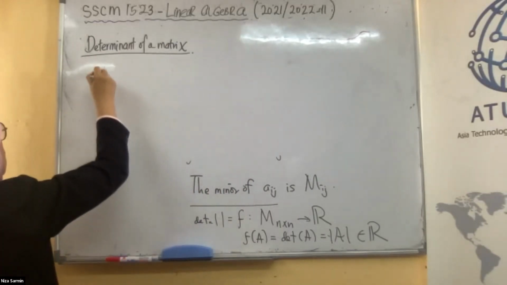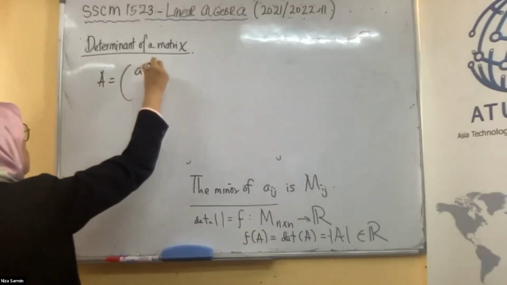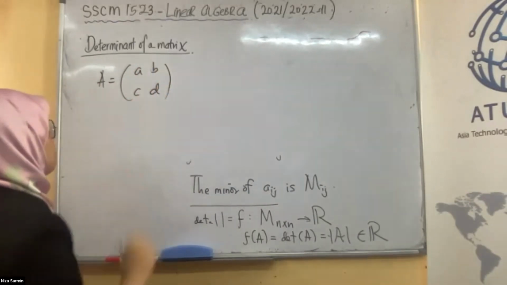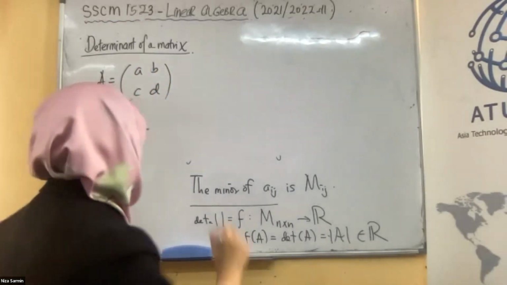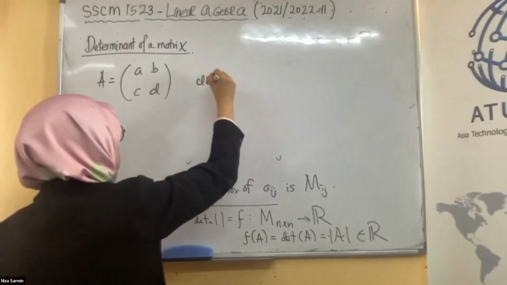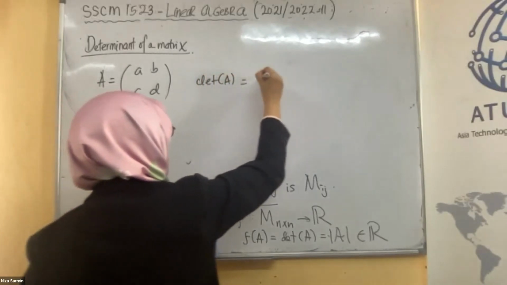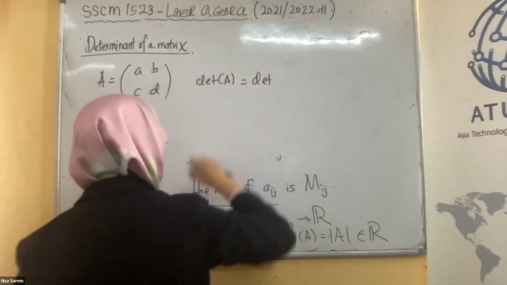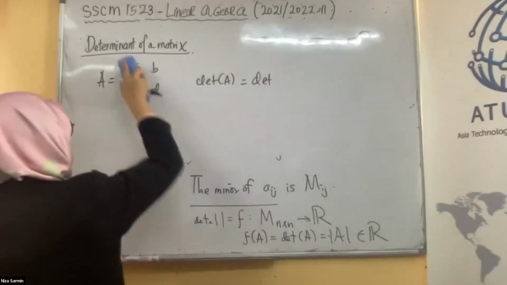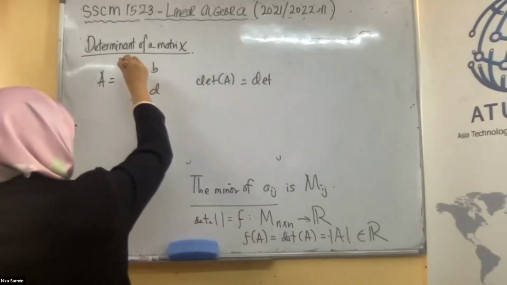If you have A is like A, B, C, D, okay, then we write determinant of A or determinant. Let me do this square so you can see the difference.